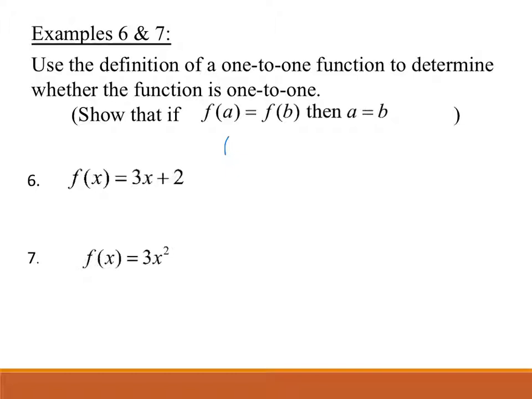Suppose I evaluate f of 1, and when we do that, we get 3 times 1 plus 2, which is equal to 5. Now suppose I reverse the operation. Suppose I have 5, and now we have 3x plus 2. Solve for x.